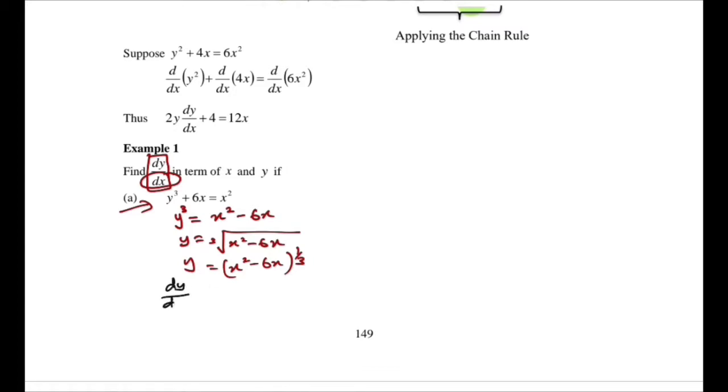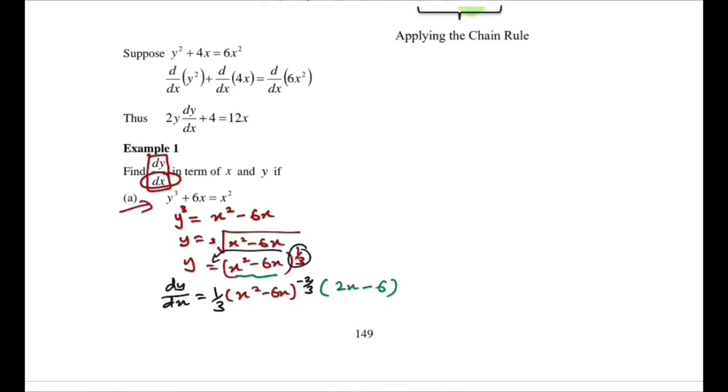So to differentiate this, you can differentiate as usual. Bring the power to the front, use the power rule. Next, just copy the function and subtract 1 from the power. You get negative 2 over 3. After that, just differentiate the terms in the bracket. You differentiate it, you get 2x minus 6.